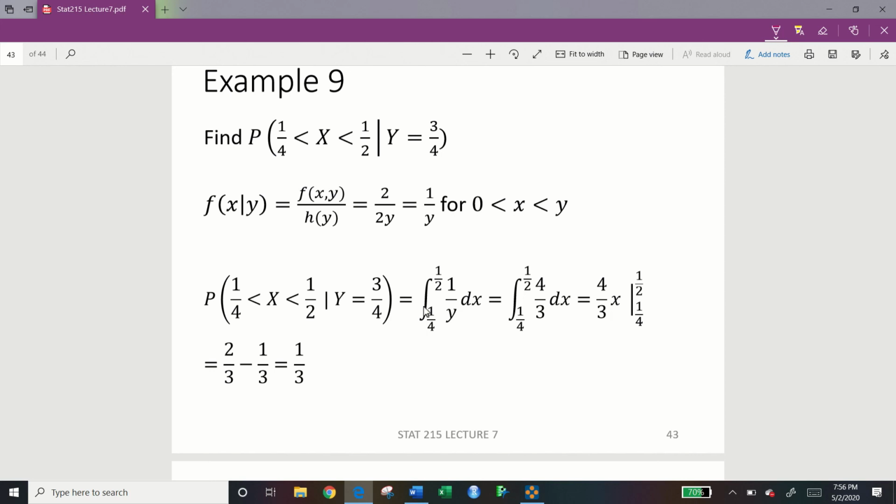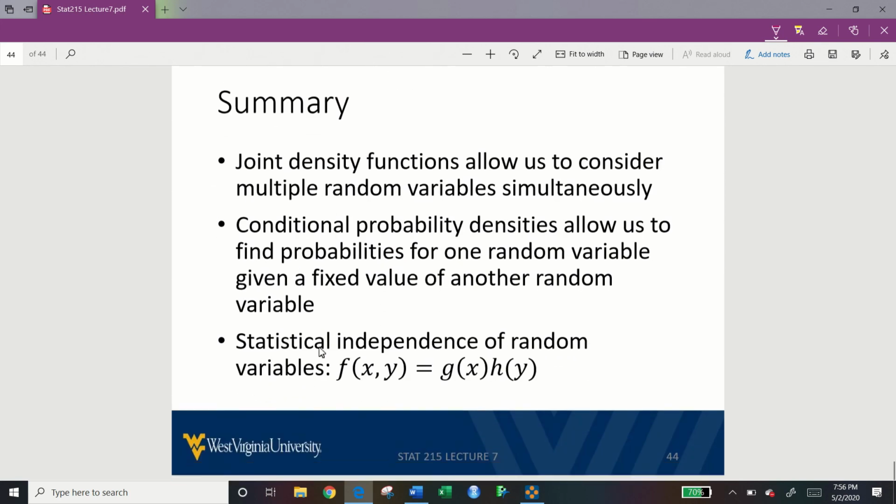So in order to find our probability, we would need to integrate from 1/4 to 1/2 of our f of x given y value of 1 over y dx, which would equal the integral from 1/4 to 1/2 of 4/3 dx, which would equal 4/3 x from 1/4 to 1/2, which would be 2/3 minus 1/3, which is equivalent to 1/3. Very good. Okay, so now finally we are at the end of this section.